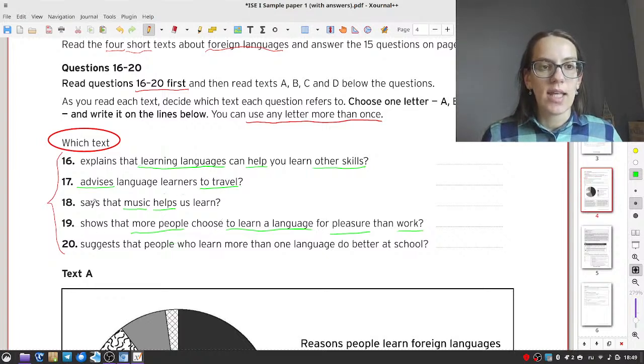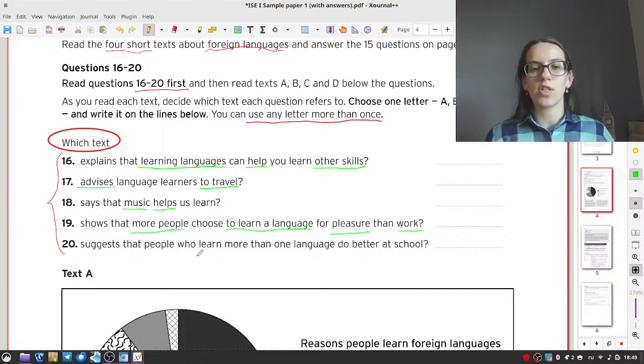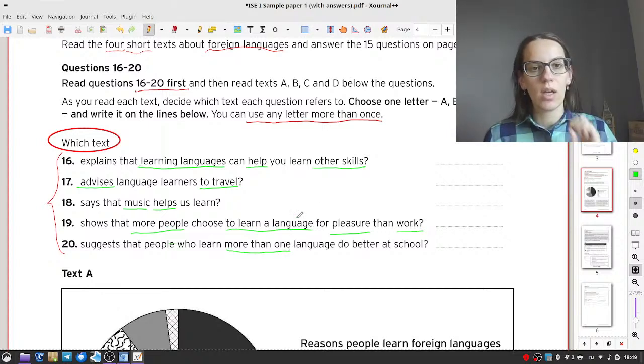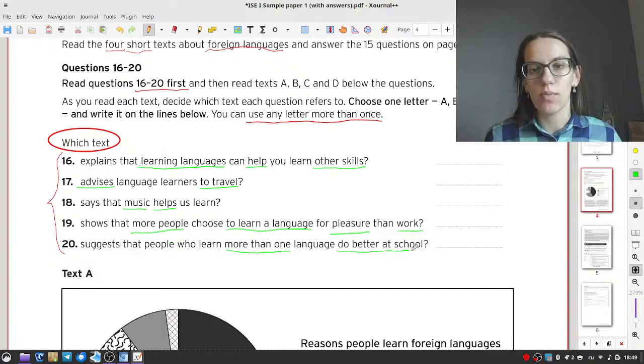And finally, 20, which text suggests that people who learn more than one language do better at school? More than one. So here we have not just one foreign language, but more than one language. And they do better at school.